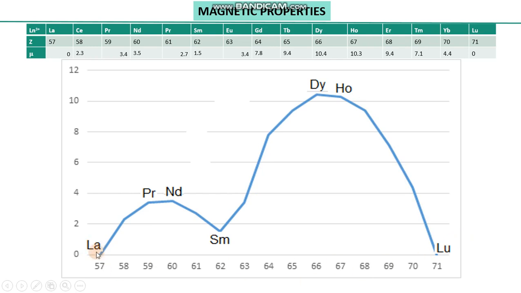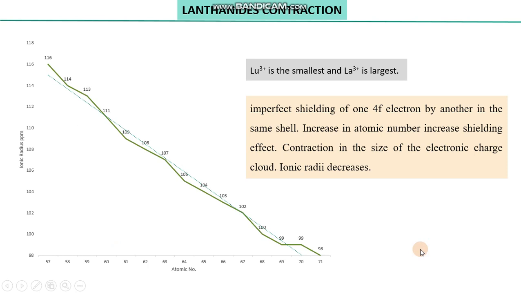Both these systems possess no unpaired electron in their atomic or ionic structure, therefore they are diamagnetic.